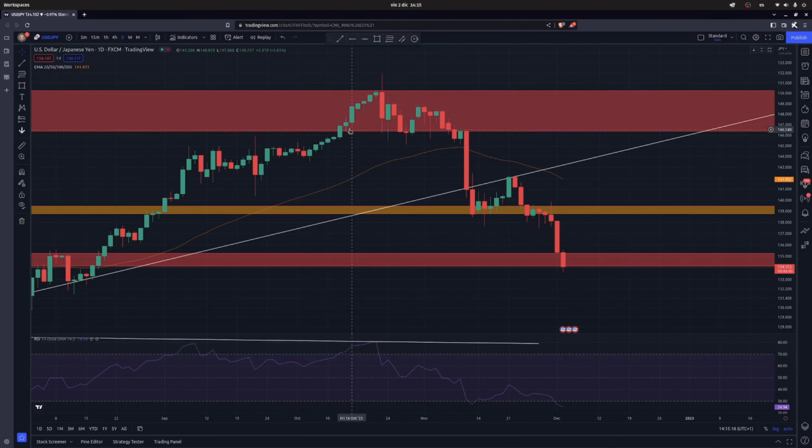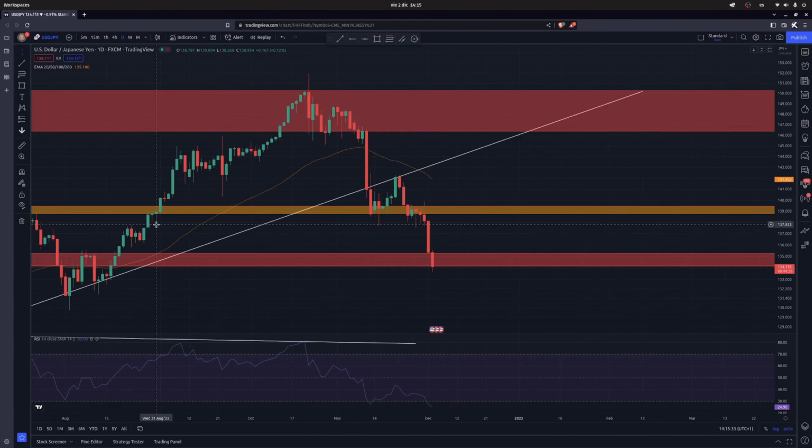So here we see we had a rejection at this price level. We went down, failed to make a higher high, made a lower low, right? But still had the 50 EMA here as a support, if you will, which we break through with a very bearish momentum candle, right?